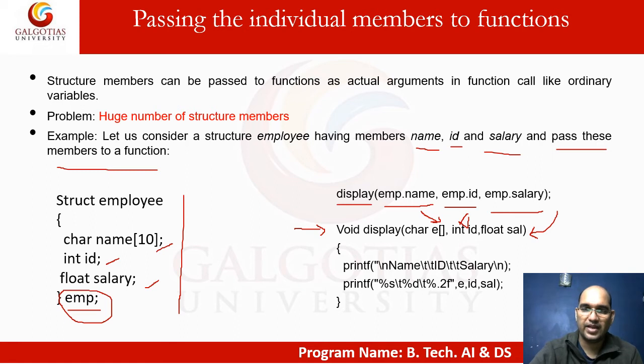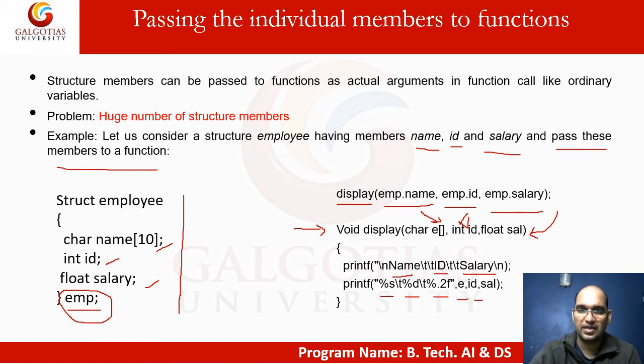Then after that we can use these values in the function. First we have printed name, then ID, and then salary. For the first one, the name, you use %s, so the value of E will be printed. Second one is %d, so ID, which is an integer, will be printed in the place of %d.